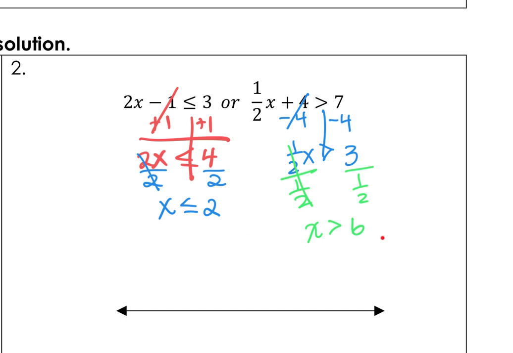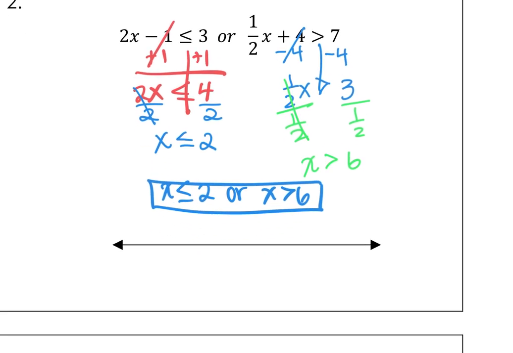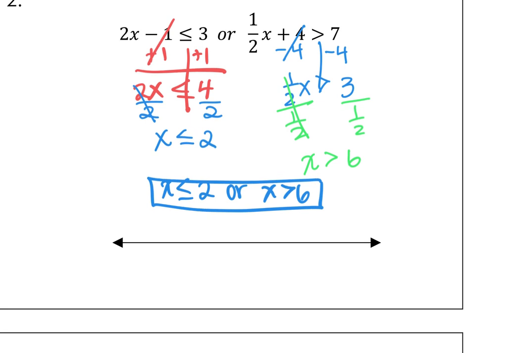When we found the solutions this time, they're already in order from least to greatest. So when we write that solution, it will just be x is less than or equal to 2 or x is greater than 6. And so then again, when we do our graph, it will already be in order, like it will match our final answer.